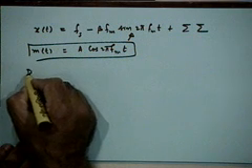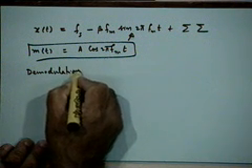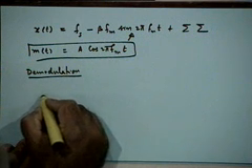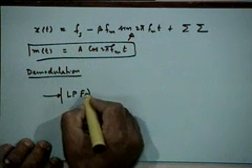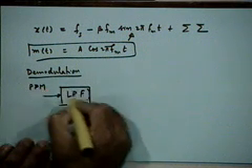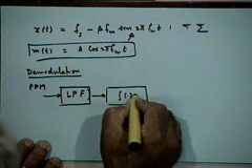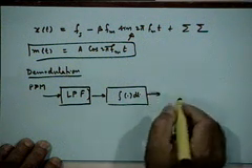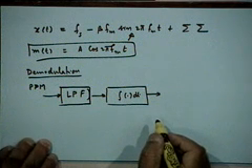So demodulation of a ppm signal is really fairly straightforward. Pass it through a low pass filter, that is your ppm demodulator.